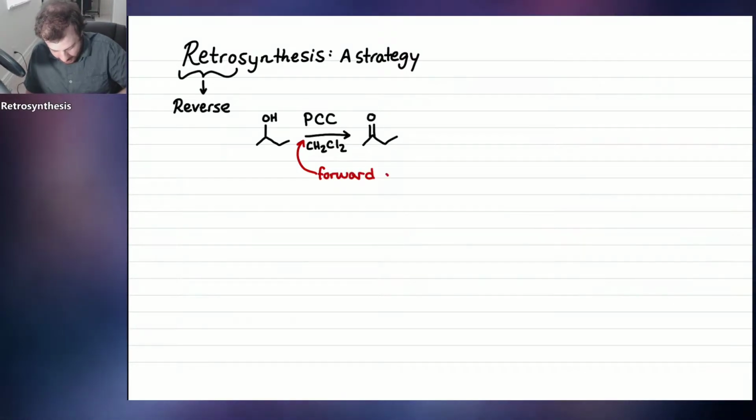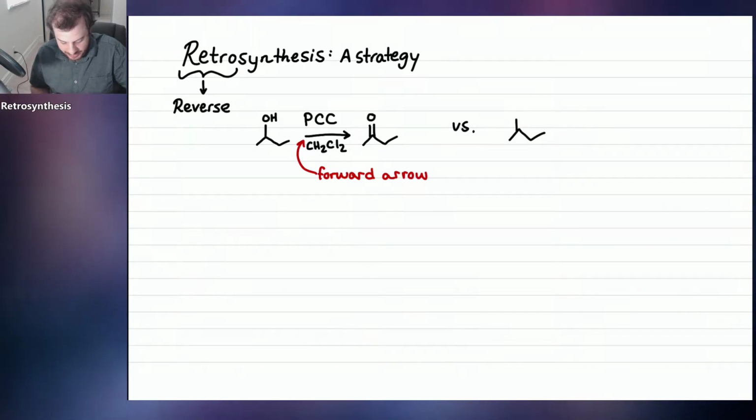The forward arrow tells us that we're going to go from starting materials to products with the reagents over the arrow. Now, I want to compare that to the retrosynthetic arrow. The retrosynthetic arrow lets us work backward. So it says if we have this ketone, how could we make that from an alcohol?